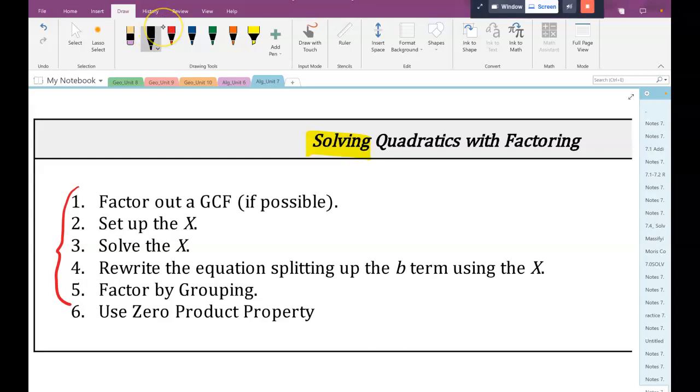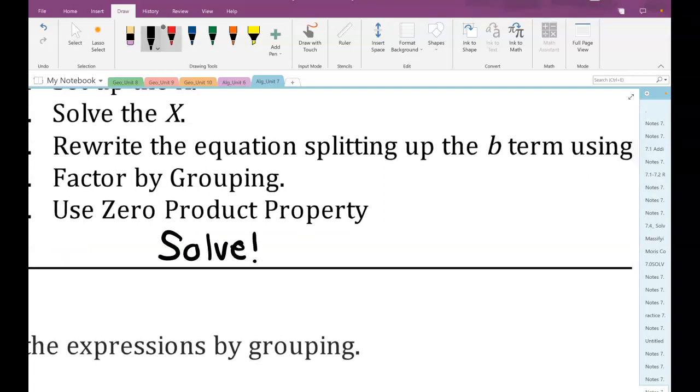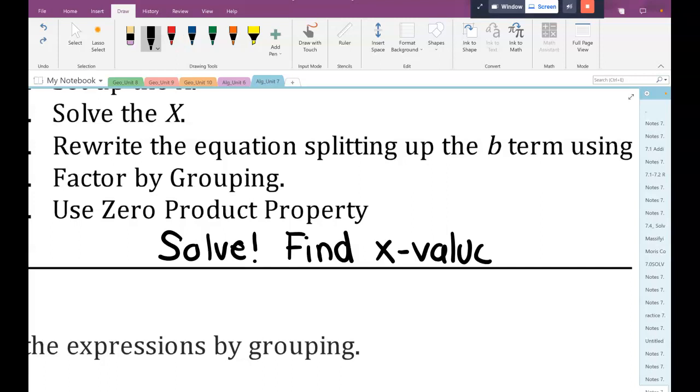Using the zero product property is just another way of saying solve, which is another way of saying find your x values. And when we use the zero product property, it's always going to be equal to 0.